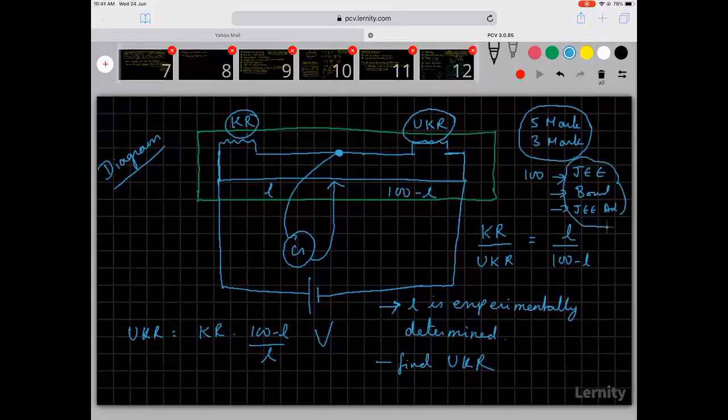When you go for your lab exam, again 100% this experiment will be given to you. Every exam, meter bridge or potentiometer will come. One of them, and in some exams, both have come.